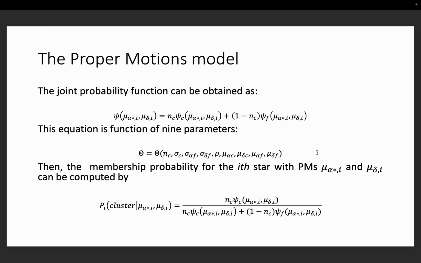So we compute this membership probability and use it to define a threshold, and we decide what this threshold is. In our case it is 0.5, and all stars with a membership probability greater than 0.5 can be considered part of the cluster.